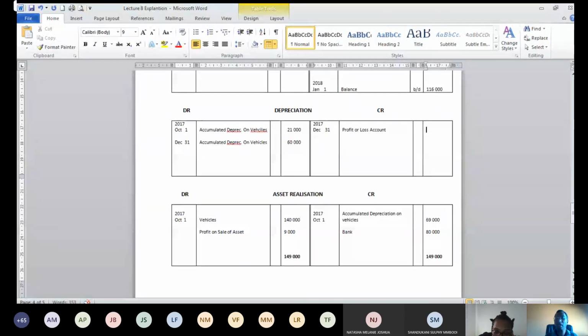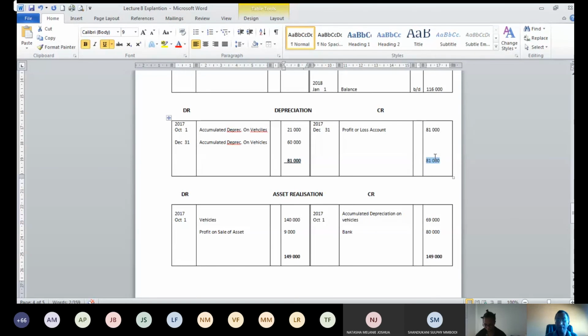Nominal accounts we don't take into the new financial year. It must be closed off and transferred to our profit or loss account. You will have to transfer the expense of 81,000 Rand to the profit or loss account.